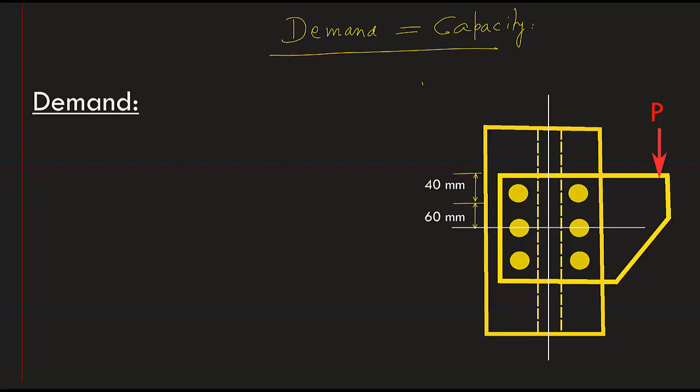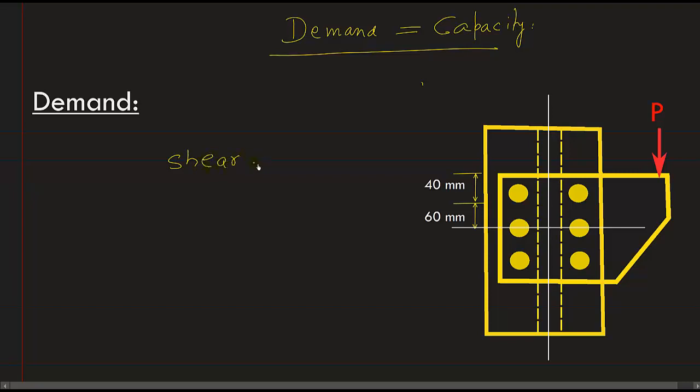At that point of time we said this is an eccentric connection that has basically shear force as well as moment both. So we said we can break this problem into two parts. First is shear, so this is a case of pure shear, and then we said we can also break it in case of pure moment. So we will consider this problem as a pure shear and pure moment.